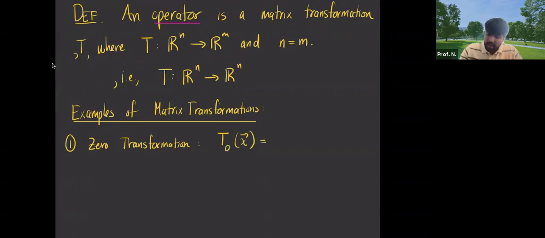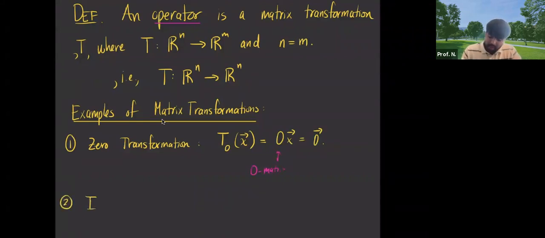This is the transformation that has the zero matrix associated with it. So if you take the zero matrix and multiply it by any vector, what am I going to get when I multiply a vector with a matrix that has all zeros? It's zero. That's right. That's not that special, right?